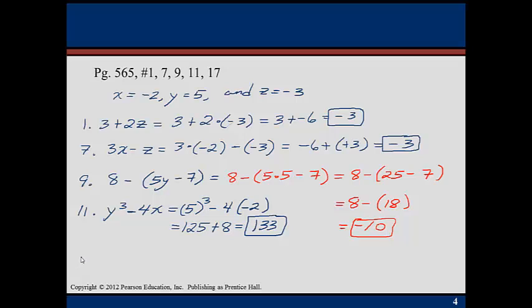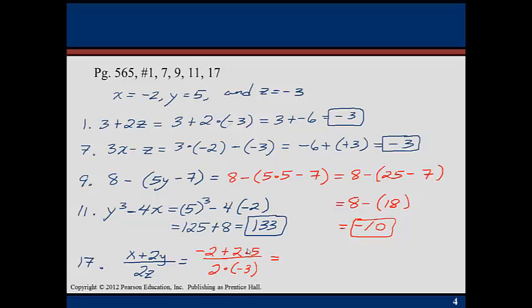And then last one, number 17. We have x plus 2y divided by 2z. And we'll start by replacing the x, the y, and the z. So x is negative 2 plus 2 times 5, all divided by 2 times negative 3.